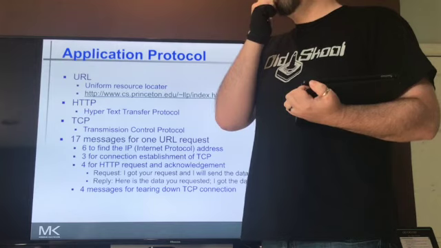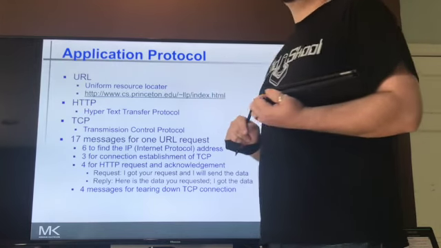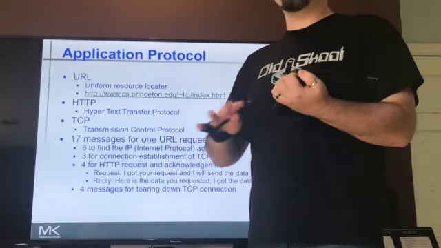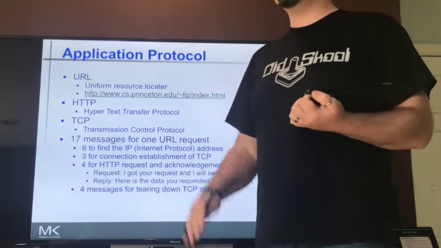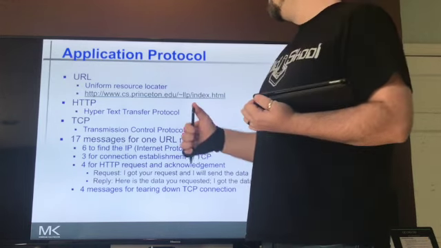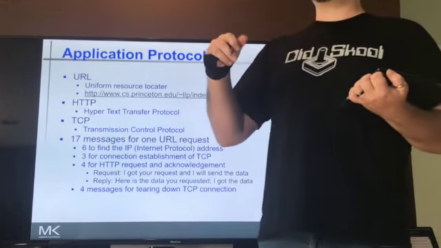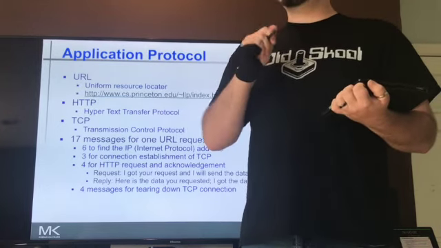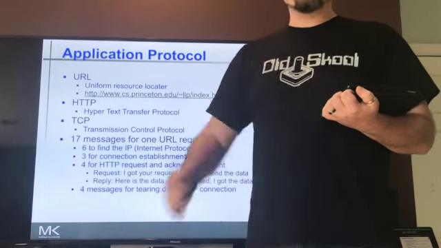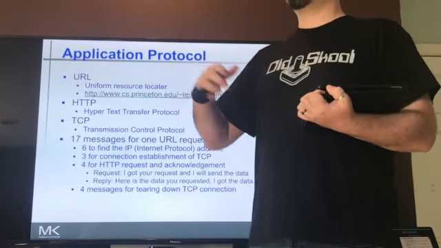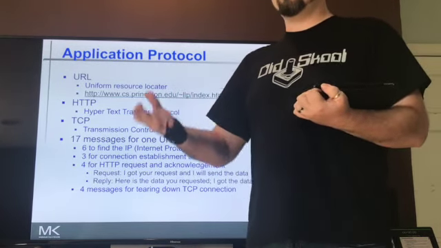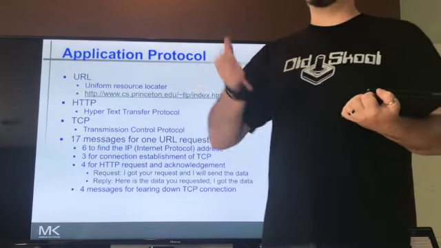It actually can be far more than 17, depending on how many images there are on the page, how many blocks of text, how many different pieces there are. But there's at least 17, okay? And the first 6 are messages, and again, it could even be more than 6 just for this process, but there is a set of messages that get passed around requesting, hey, I have a URL here, like google.com, what is the IP address?